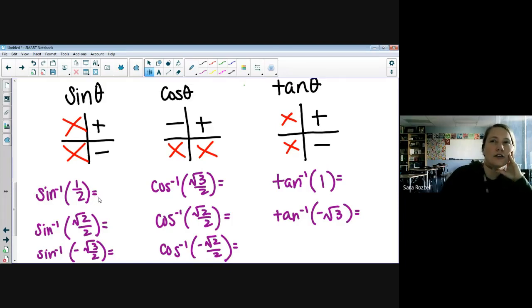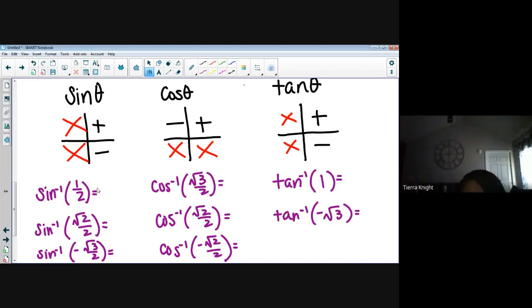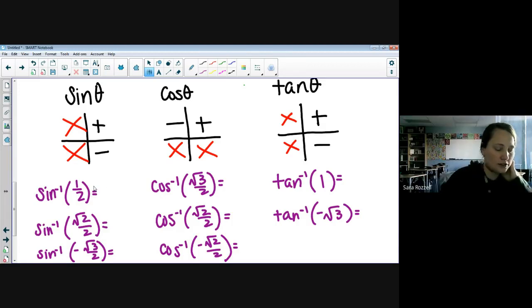So look on your triangles from section 2. 60. When is sine a half? You're close. Is it 30, 60, or 45? Would it be 60 divided by 2? It's 30 degrees, right?